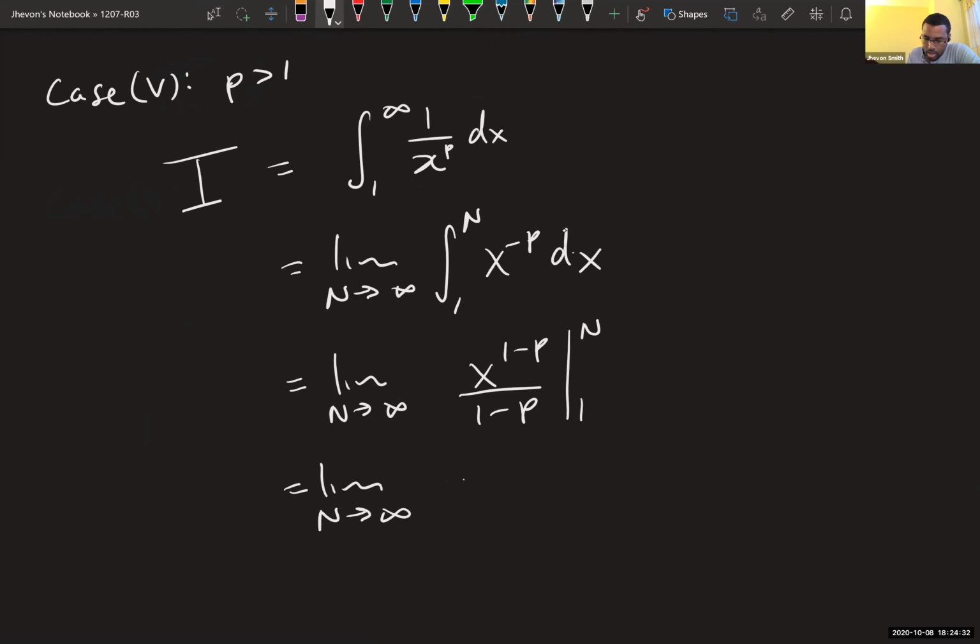Plug in n, minus plug in 1. And let's actually look at what this limit is. Again, p not equal to 1, so not dividing by 0.